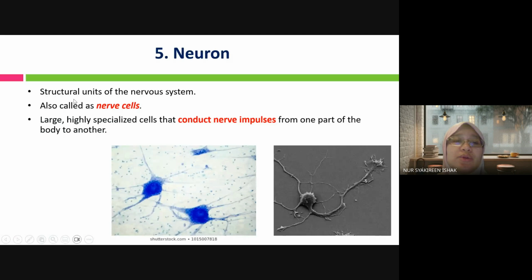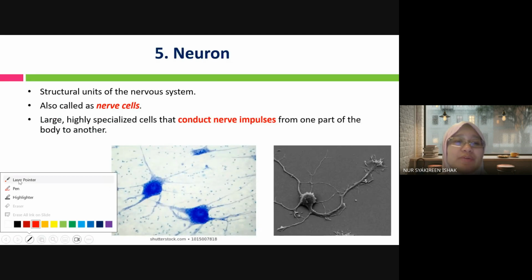Okay, so neurons. This is another way of how cells communicate. Earlier, with hormones, cells communicate from one cell to another cell through chemical signaling, chemical molecules. But for neurons, it also causes cells of your body to communicate, but through the transmission of electrical impulses.